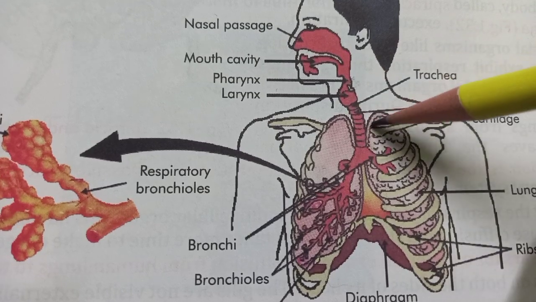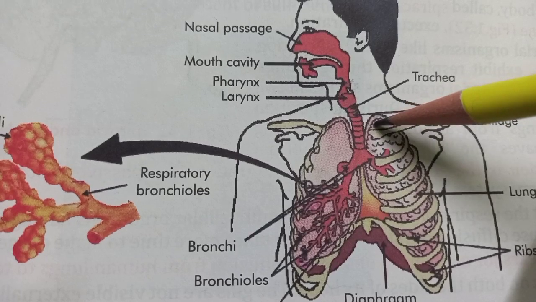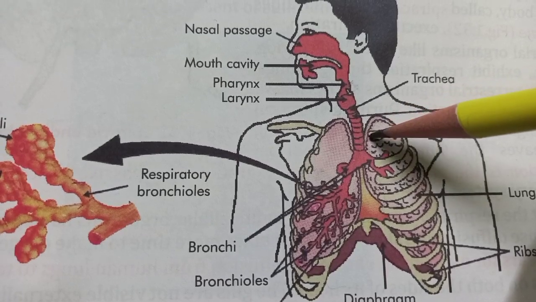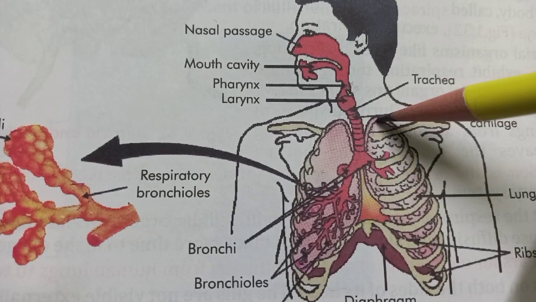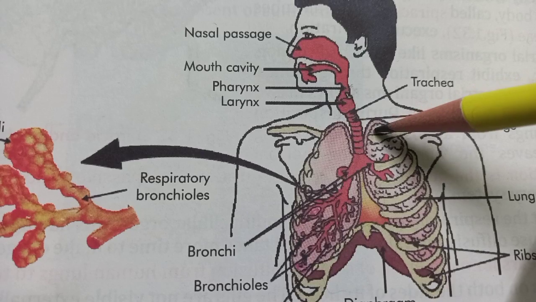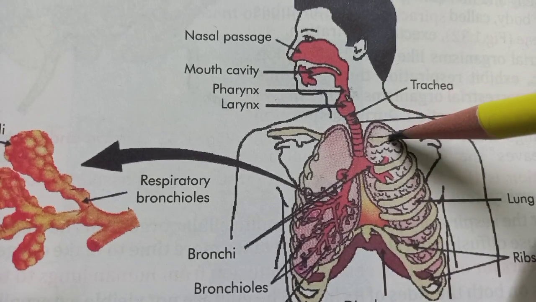And there is also a fluid which is filled in between these two layers, that is called pleural fluid. And this pleural fluid performs the function of lubrication, so that it allows frictionless movement of the lung.